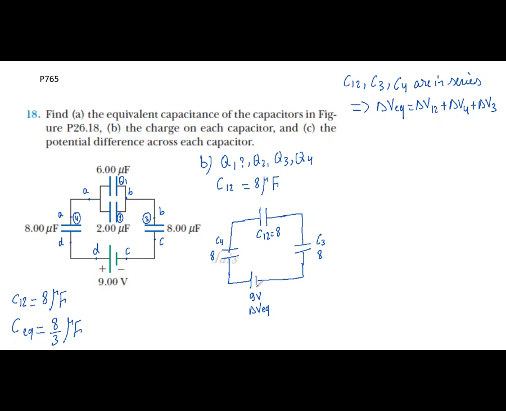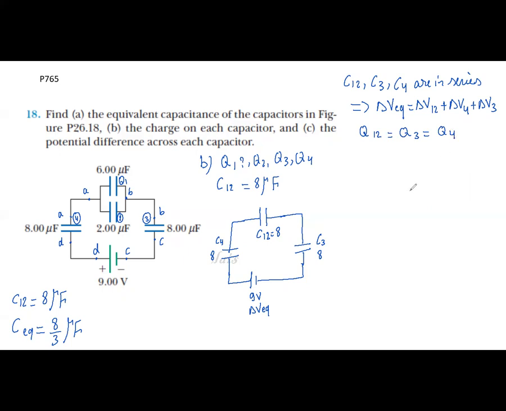In the case of series capacitors, we have the same Q. We can say Q12 equals Q3 equals Q4.